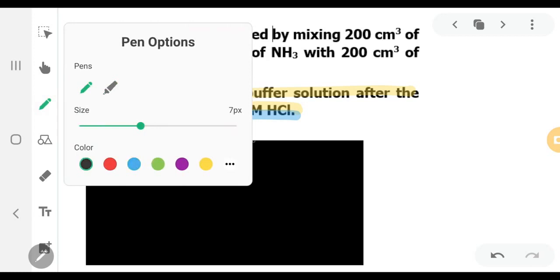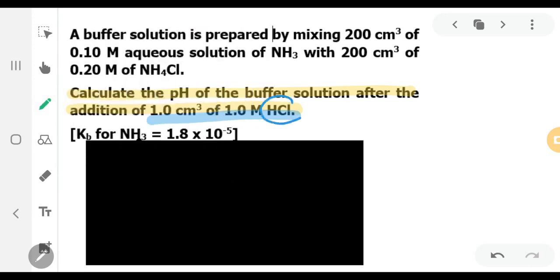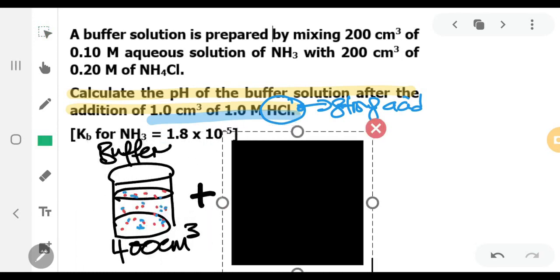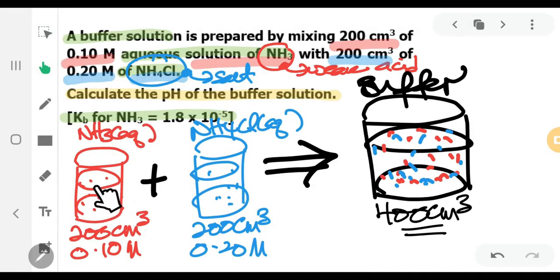strong acid. This right here is your strong acid. So the situation now is you have your buffer, and this buffer, remember, is prepared by adding 200 cm³ of your weak base with 200 cm³ of your salt solution.